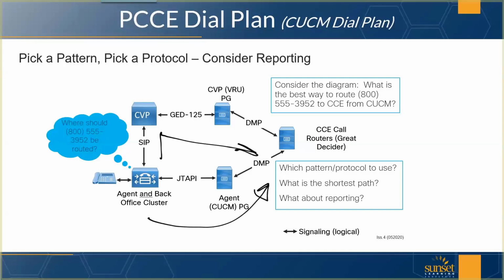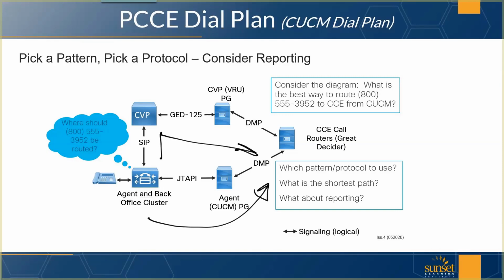So what's the shortest path? What are the reporting implications? There's no wrong or right answer to the decision that you make. It just depends on the way in which you're going to be deploying and, I guess, reporting on this system.